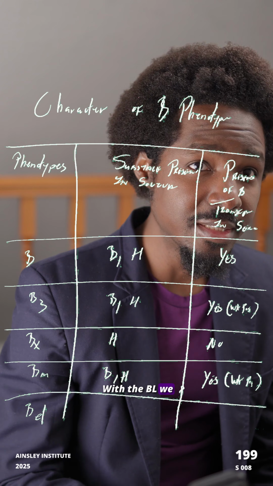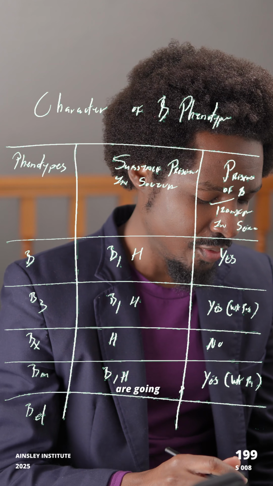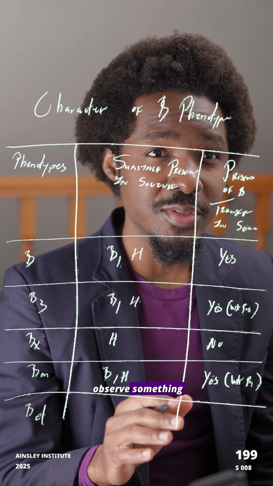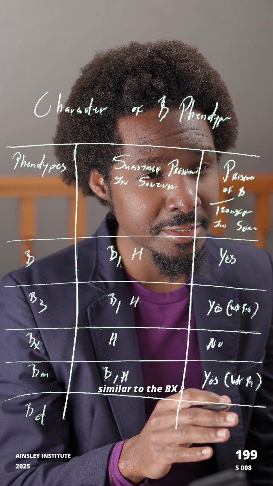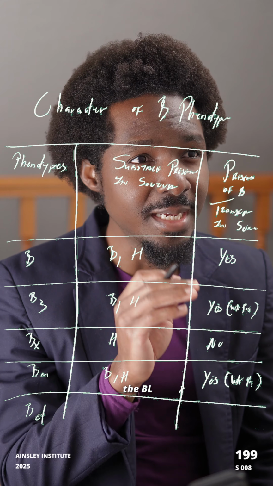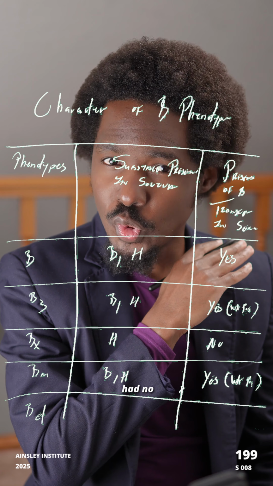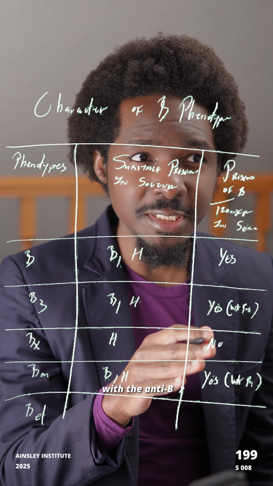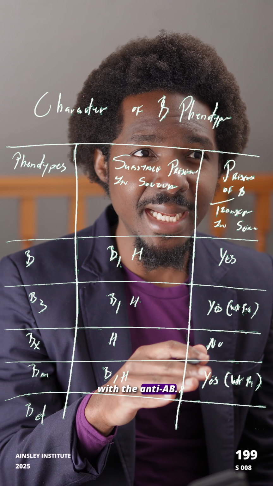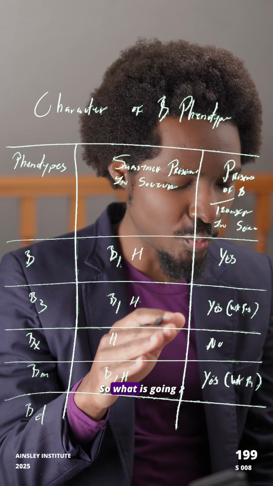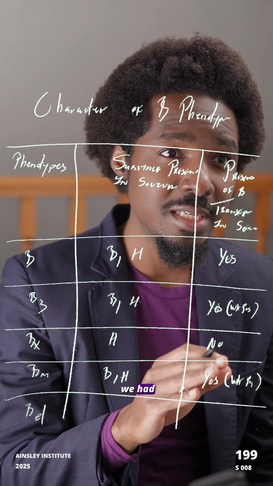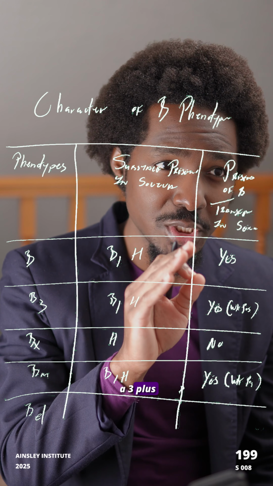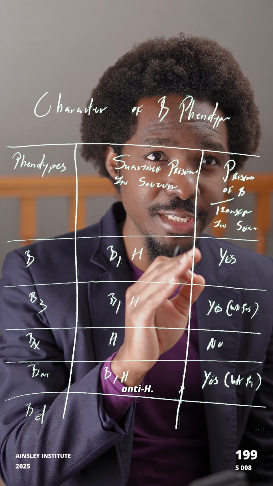With the BL, we are going to observe something similar to the BX, because the BL had no reaction with the anti-B and no reaction with the anti-AB. So what is going to happen is that we had a 3+ reaction with the anti-H.